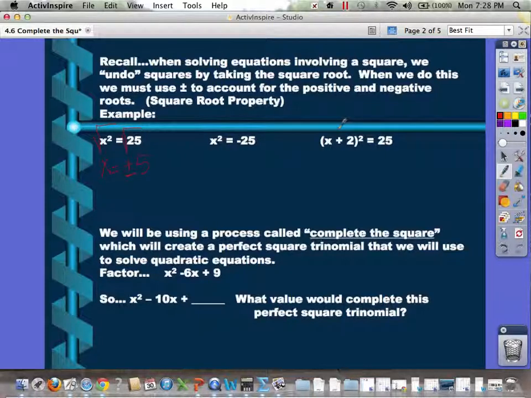All right, over here, I'll get a different color so you can see it better. When we take the square root of both sides, we have x equals, but we have the square root of negative 25.